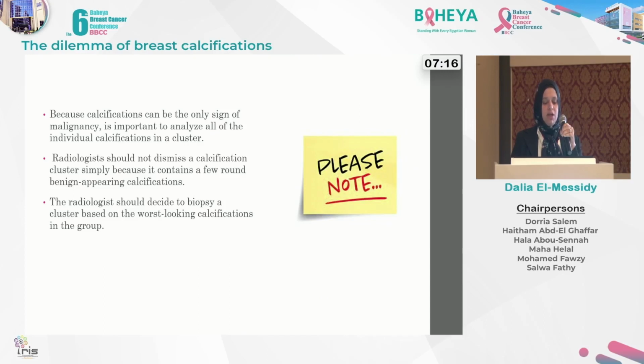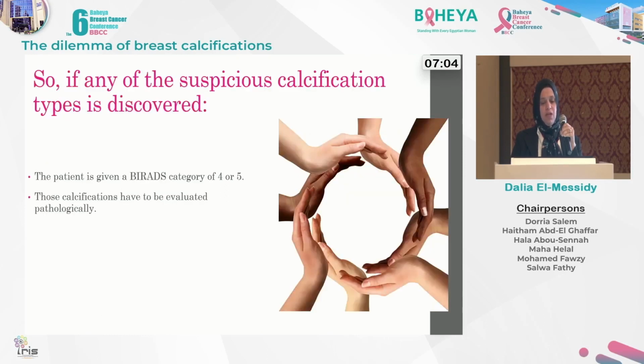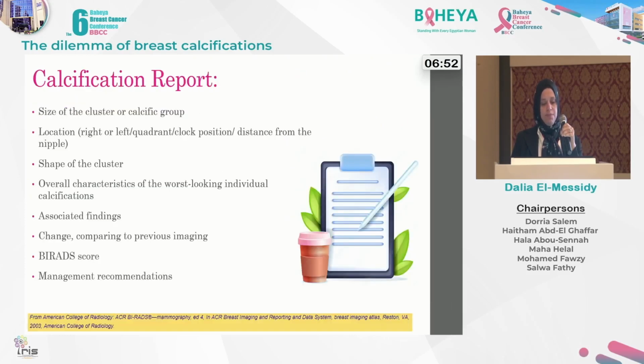A calcification cluster should not be dismissed simply because it contains some benign appearing calcification. The decision of biopsy should be based on the worst looking calcification in the group. So if suspicious calcification is discovered, the patient is given a BI-RADS category 4 or 5 according to the individual case, and calcifications have to be evaluated pathologically.